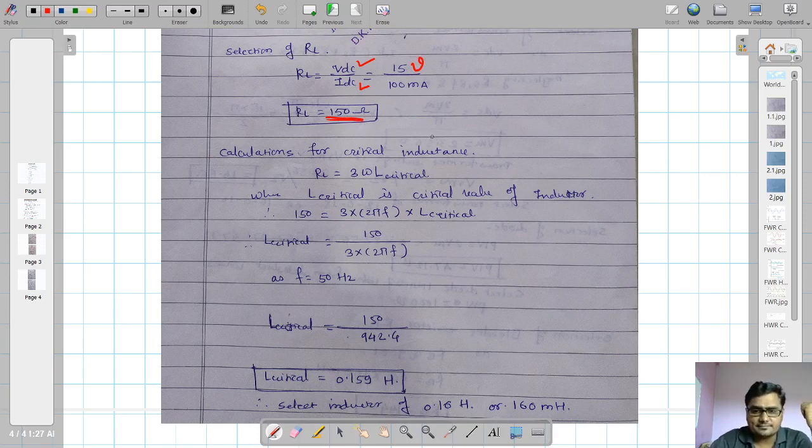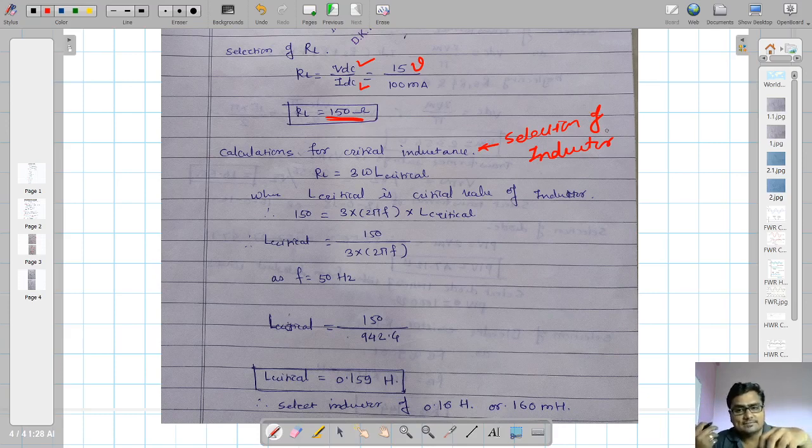Now see, resistor we have selected. Now we will select inductor. This is the selection of inductor. To select the inductor, I told you that I will select an inductor such that I want to avoid the bleeder resistor.